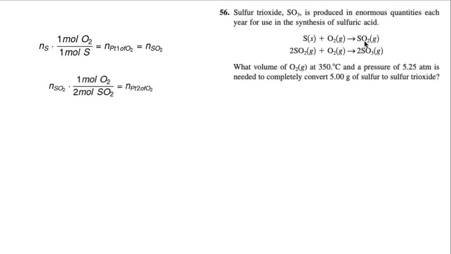But then that moles of SO2 would react according to a separate equation in which 2 moles of SO2 would react with only 1 mole of O2. And so this would not be the same as this. So it's important to do those two calculations separately, but once you have those, you can find the total moles of O2, and then with that, you can find the volume of O2.